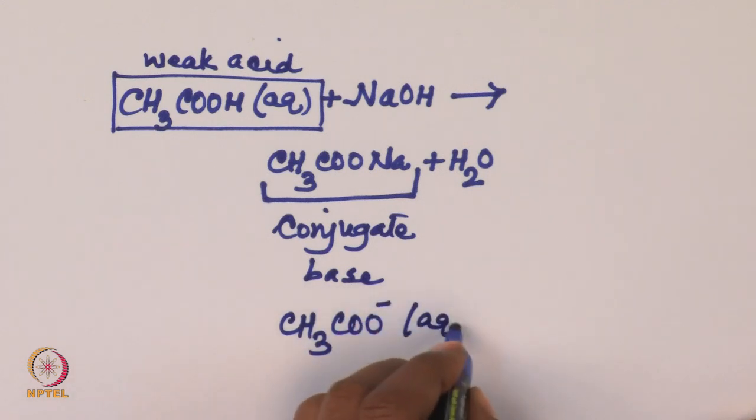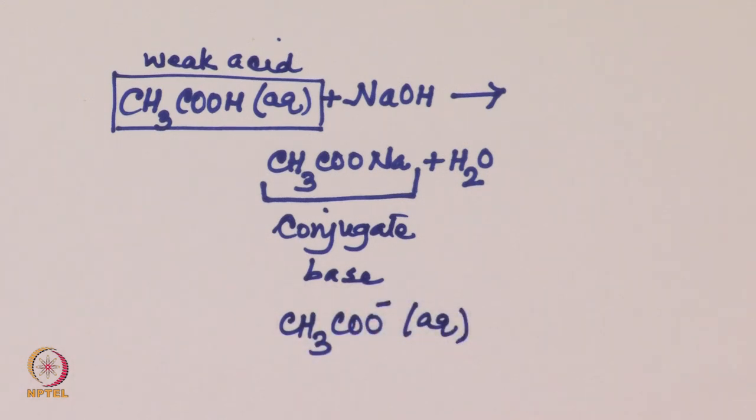This is its conjugate base. So, due to this Bronsted base, we can expect the pH to be greater than 7.